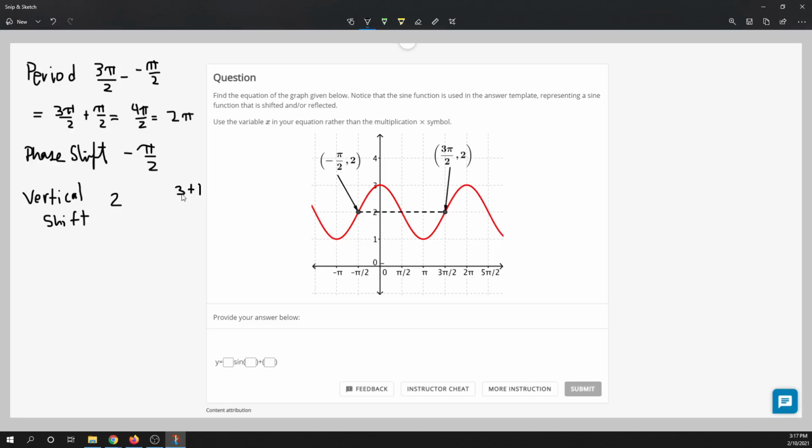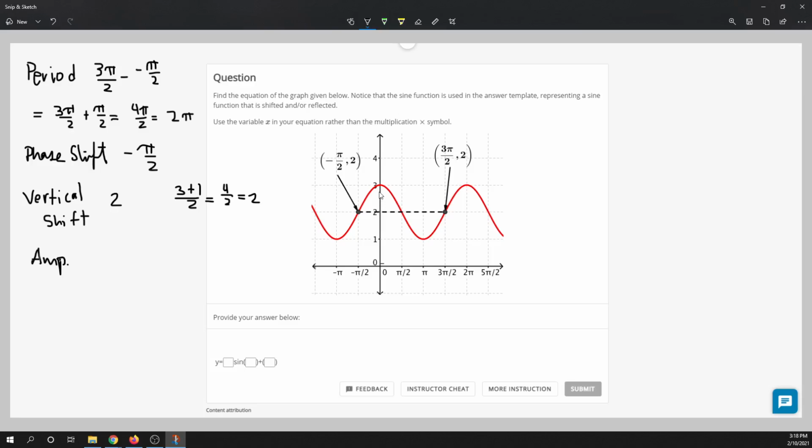The maximum value is 3, the minimum value is 1. When you average that out, you get 4 divided by 2 equals 2. Okay, so you can do it that way. And then the amplitude would be the distance between the midline and the maximum value, or alternatively the distance between the midline and the minimum value.